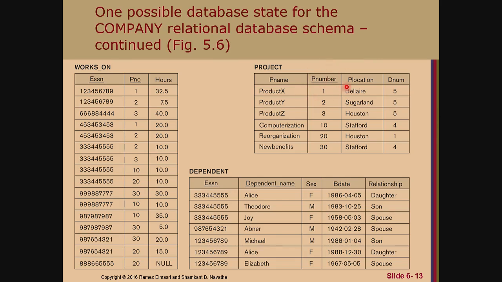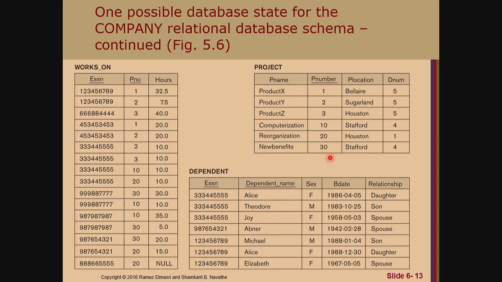P location is character, and D number is number. Also we have to know that if this P number is the primary key, it cannot be null and cannot be duplicate. Just unique values only.